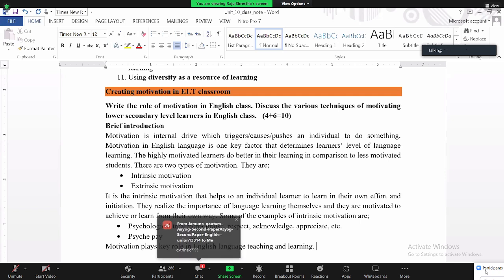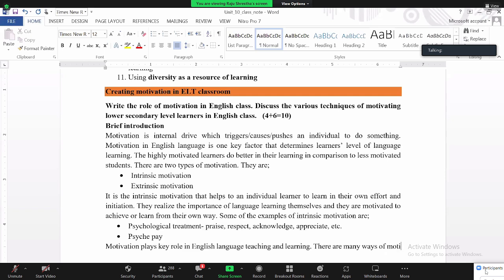So there are many ways of motivating learners towards learning English language.